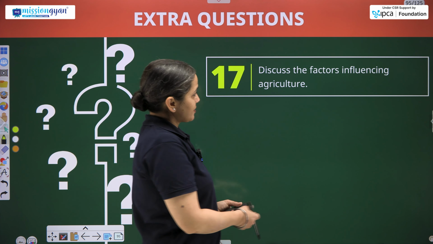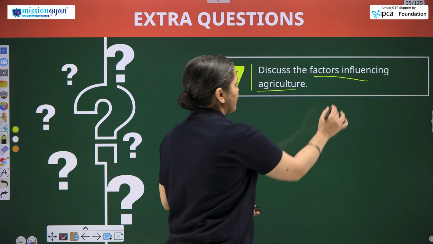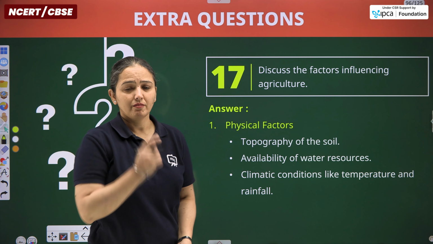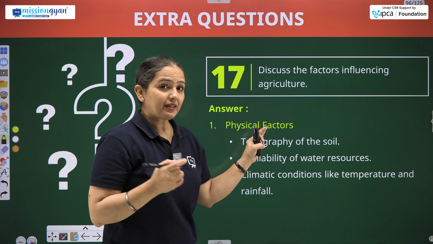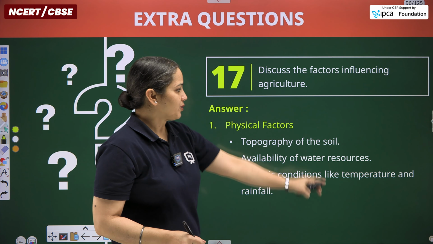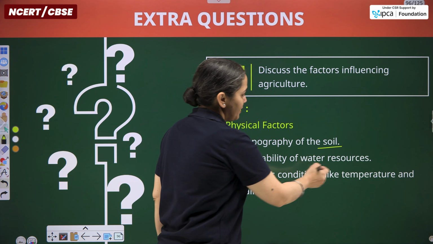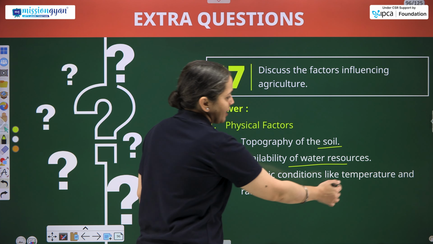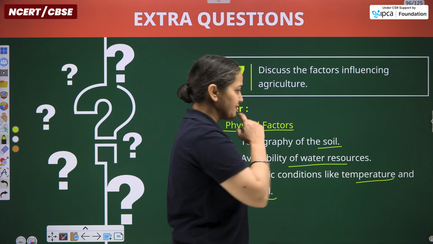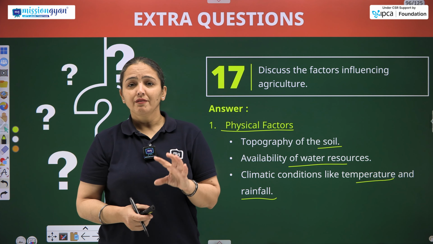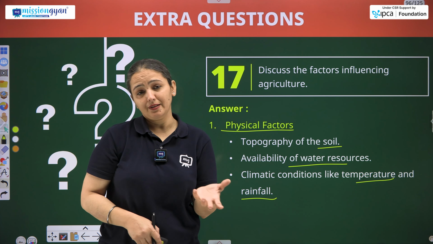Next, discuss the factors influencing agriculture. Again, what? The soil and climatic condition and physical factors, that calls for soil factor. So, topography of the soil, availability of water for irrigation, climatic conditions like temperature and rainfall. These are the physical factors that are visible, we can touch them, we can feel them.